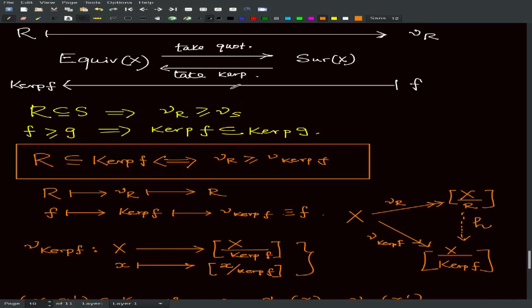Either you look into equivalence relations on X, or you look into surjections going out from X. They are one and the same thing.